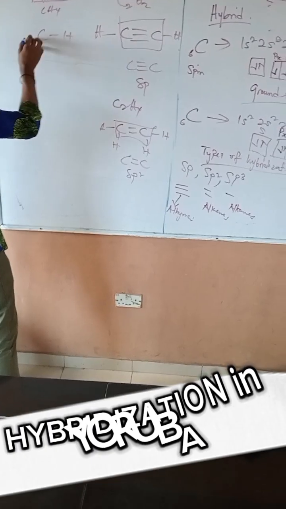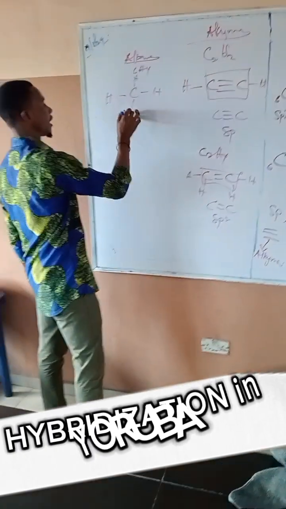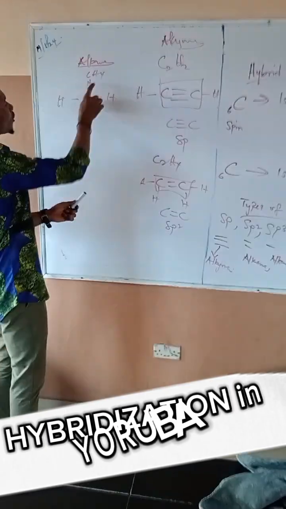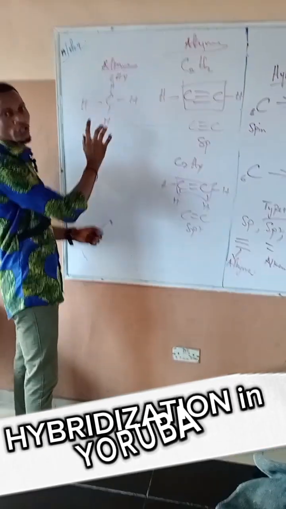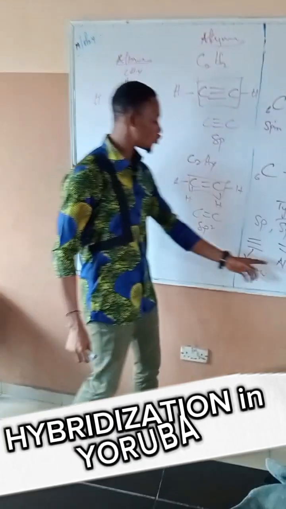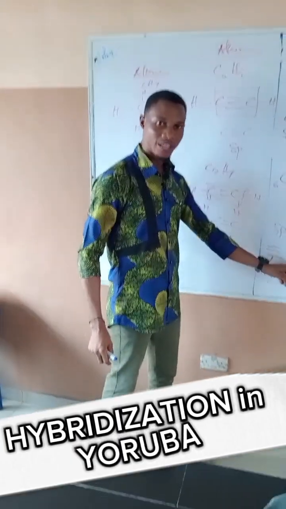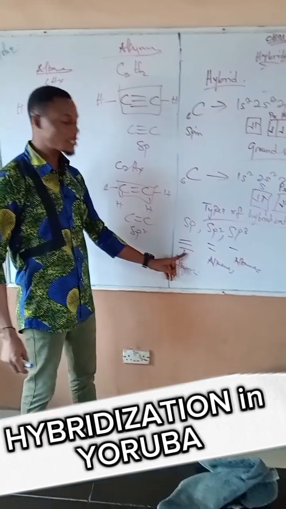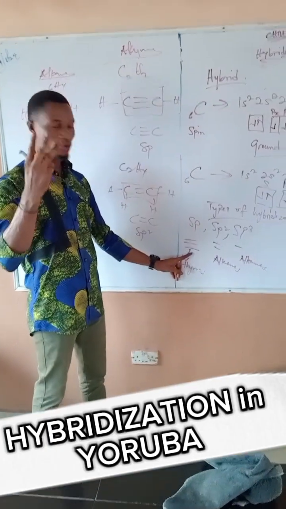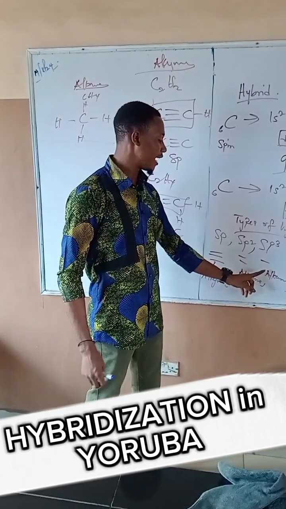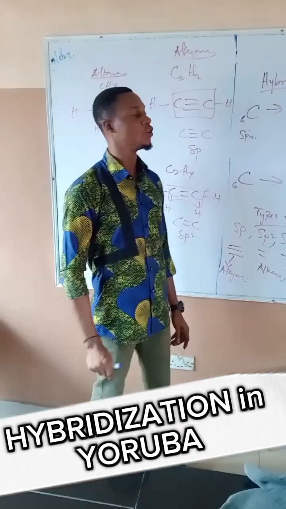So we have this, we have this, we have this, and we have this. You can see it is just a single what? Covalent bond. Here we have it to be double covalent bond, sp2 hybridized. sp hybridized, we have it to be triple covalent bond. sp3 hybridized, we have it to be just a single covalent bond.